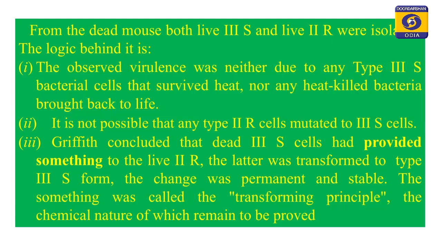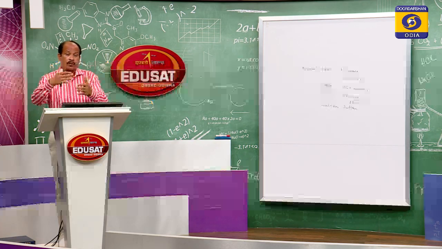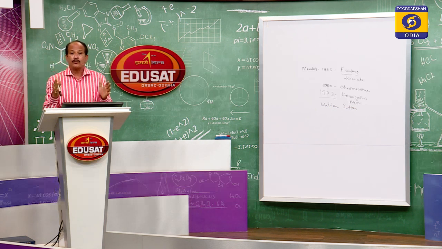Then his conclusion was, there is something that passed from dead 3S to live 2R, changing the latter, that means changing the live 2R to 3S, and he could not conceptualize what that something was.